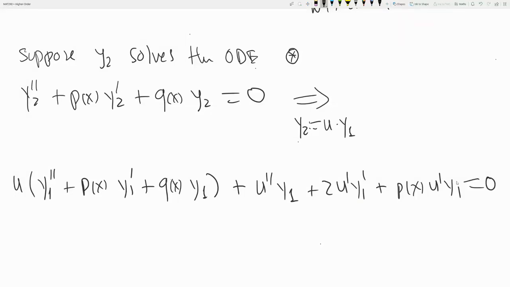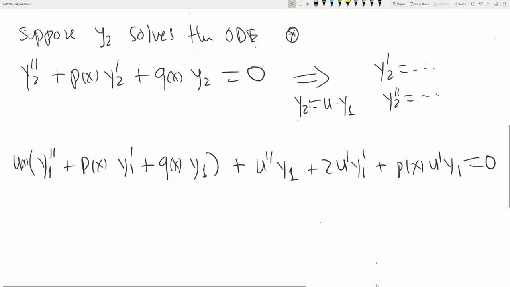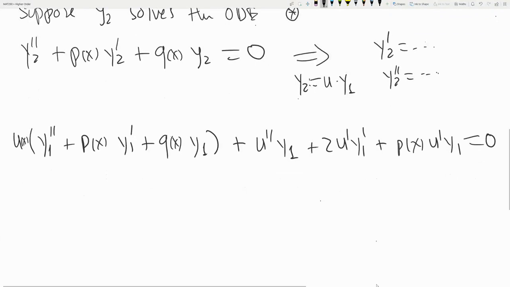So what happened here? If you take derivatives, you will get some expression in terms of u and y1, and then you plug it in to the equation and you will get this new equation here. So give it a try to go from here to here.